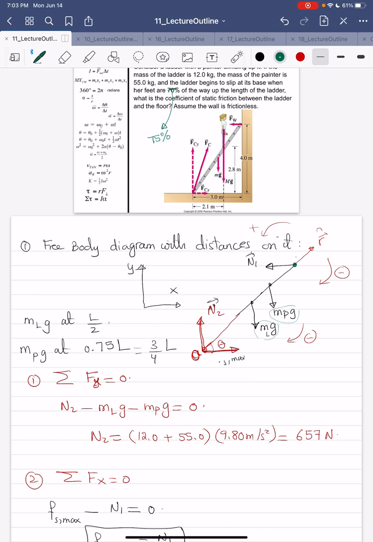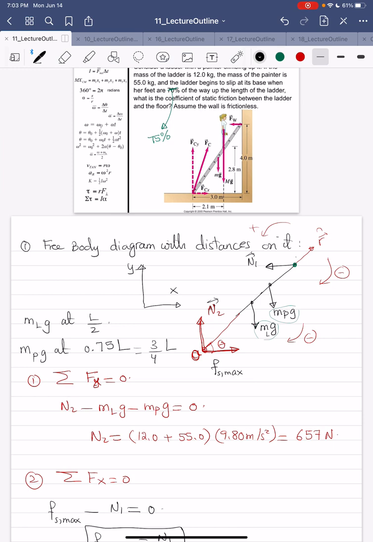And of course, from pressing on the ground, we have a normal force, we're going to call it N2. And in order to prevent the ladder from slipping, we will have this Fs maximum.